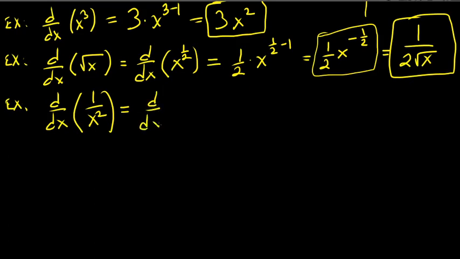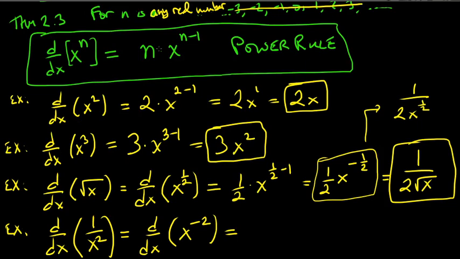But now that we know the power rule, remember this is a fraction, but 1 over x squared is the same as x to the negative 2. So now our n, back to the power rule, is negative 2. Bring the negative 2 in front, and then decrease the exponent by 1. So negative 2 minus 1, be careful, it's negative 3.